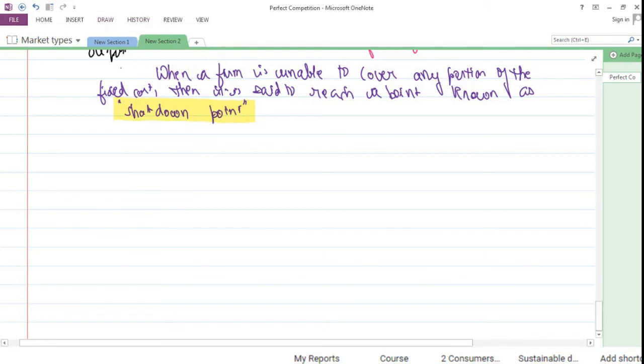नाउ लेट्स सी व्हाट डू यू मीन बाय शटडाउन पॉइंट विद द हेल्प ऑफ अ फिगर. So if, for example, on the y-axis again we have the price, on the x-axis again we have the output. This is 0, this is the x-axis.